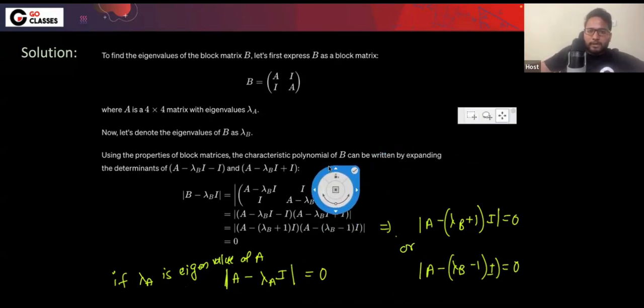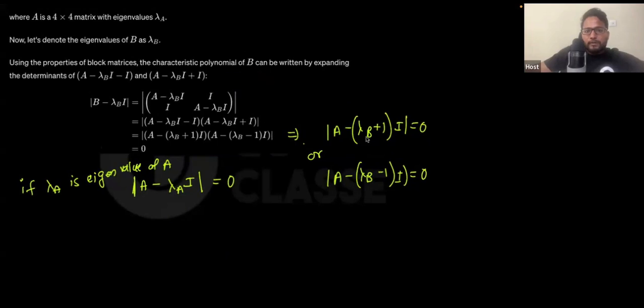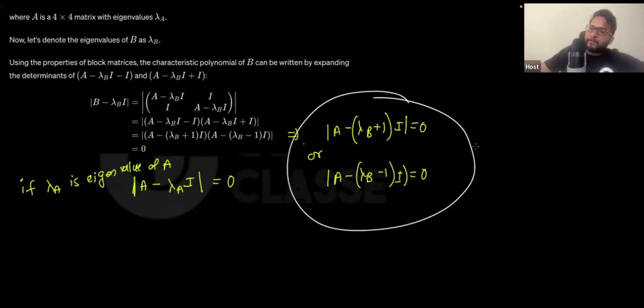What is happening here is that you have B minus lambda I. Now if you expand B minus lambda I, then you get something like this. From here, what you can say is that lambda B plus 1 is nothing but some lambda A. I mean, this is the eigenvalue of A, right? This is the eigenvalues of A. So lambda A.